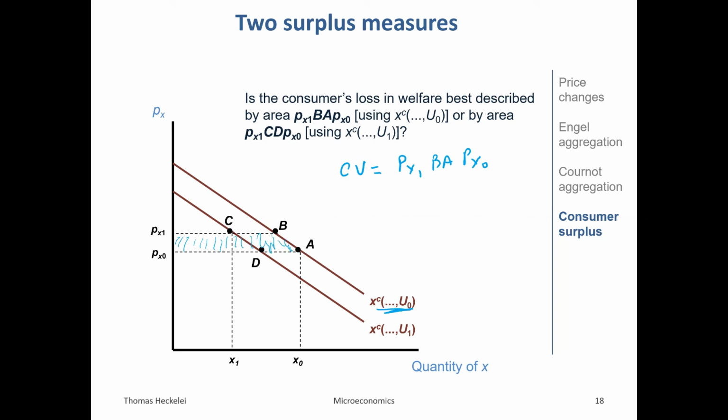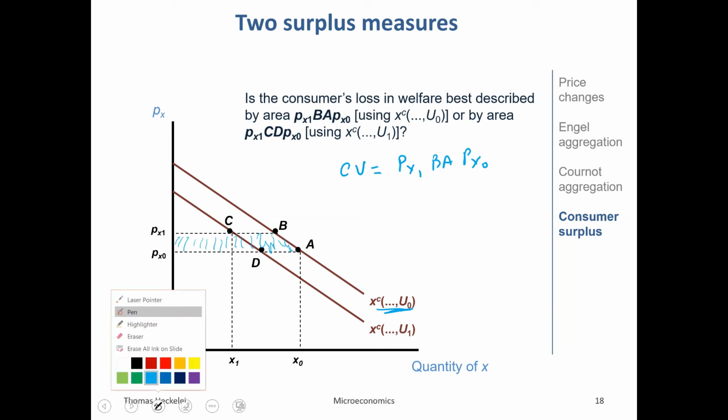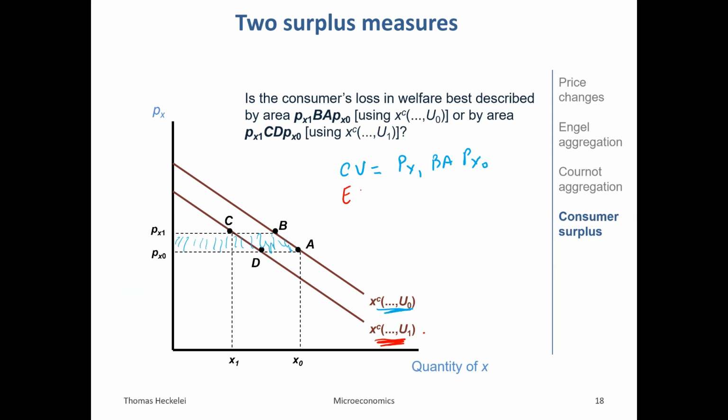All right. This follows from the previous slide. Now, on the other hand, let's change the color. If we focus on the compensated demand curve with new utility U1, then we actually talk about the equivalent variation, which is Px1 C D Px0.